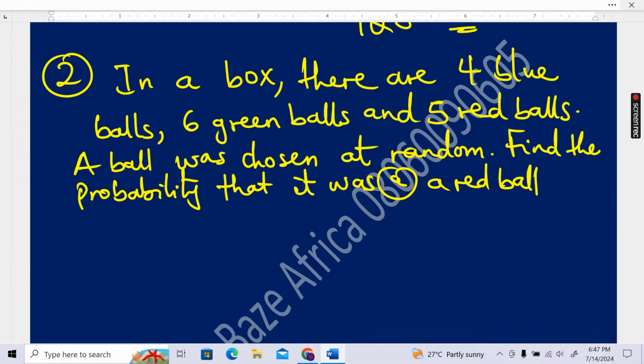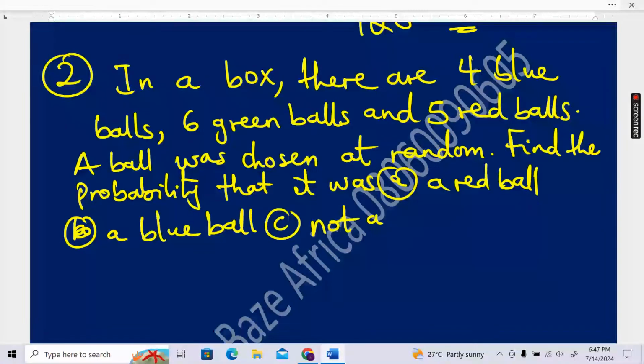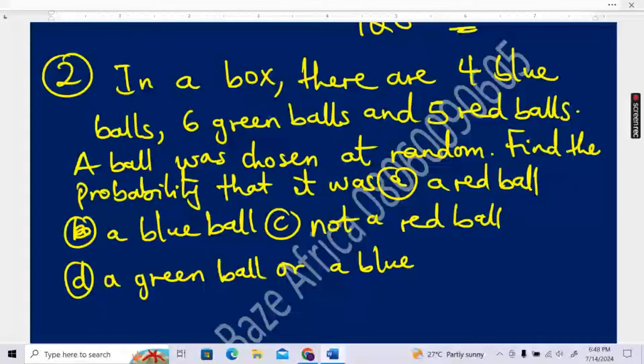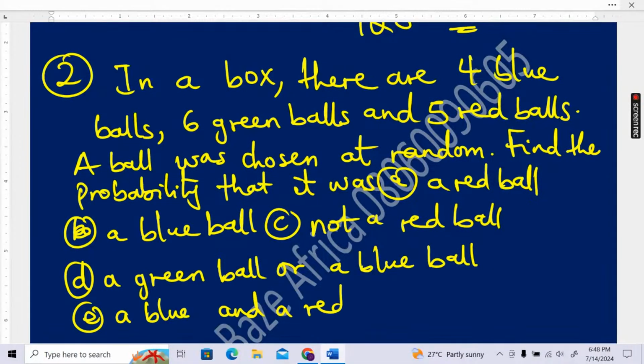Find the probability that it was A, a red ball; B, a blue ball; C, not a red ball; D, a green ball or a blue ball; E, a blue and a red ball.